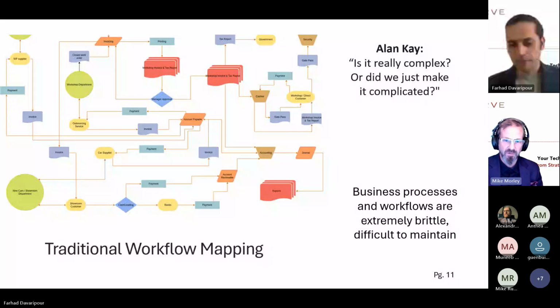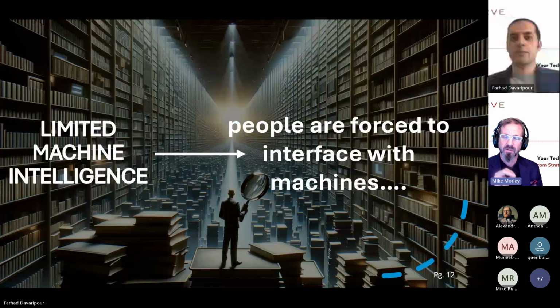And this, if we go to the next slide, is kind of the crux of the whole thing here, where we are moving from a paradigm in which limited machine intelligence forces people to interface with the machine. So we have become the agents in these multi-agent systems.